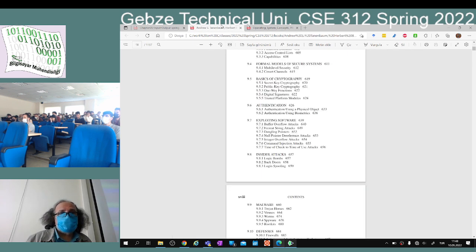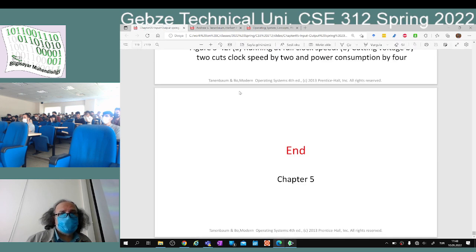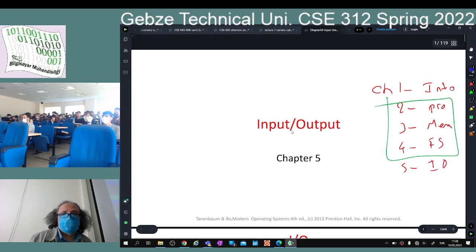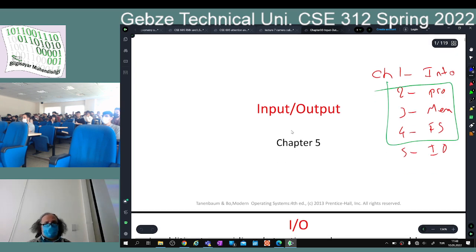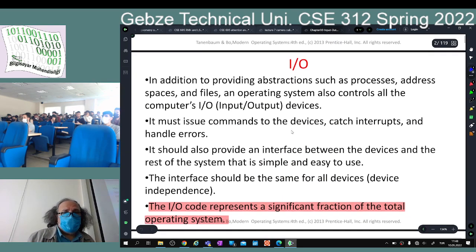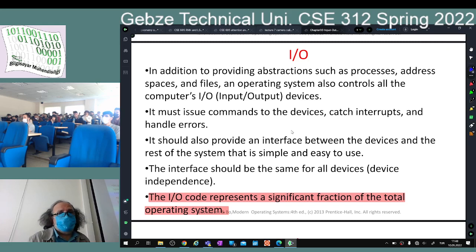Okay, let's go back to our input output chapter number 5. So I/O is an important part of the operating systems.